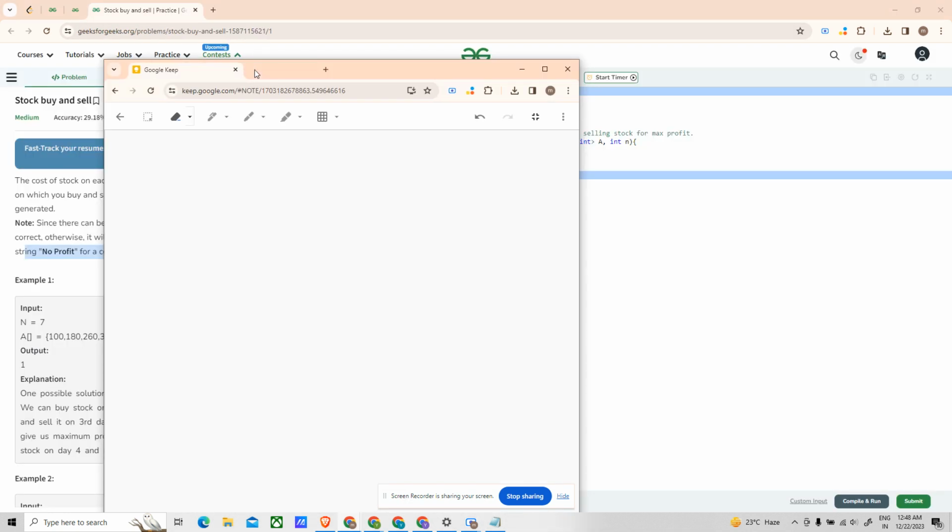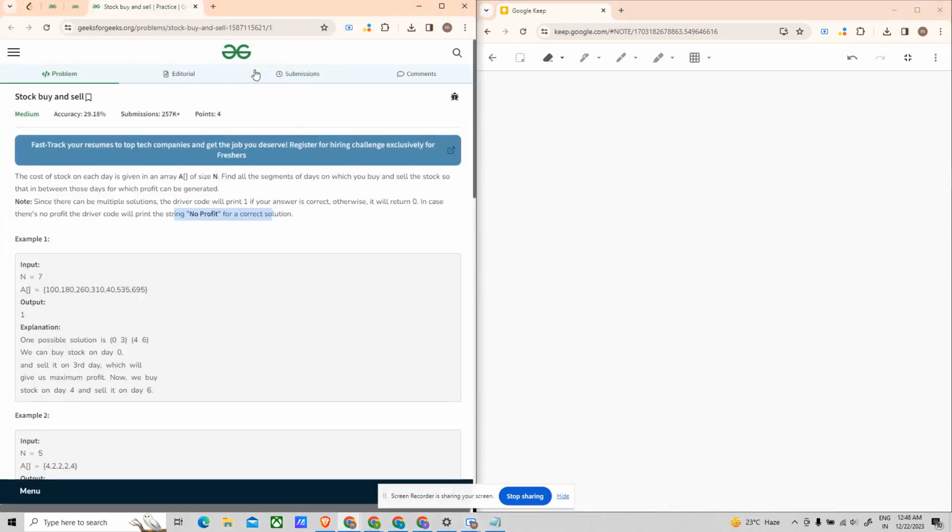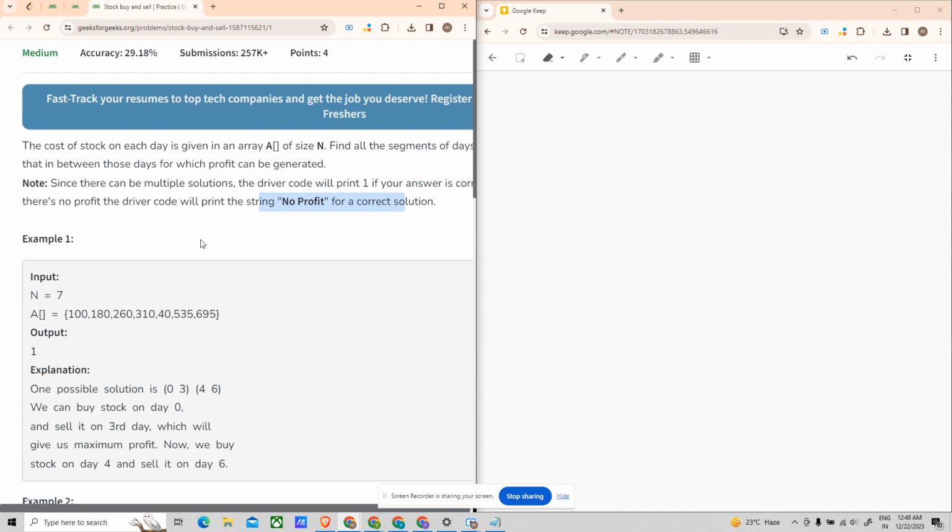Let me switch the tab like this. Let me zoom it in. Suppose the example given to us is 100, 180, 260, 310, 40, 535, 695.